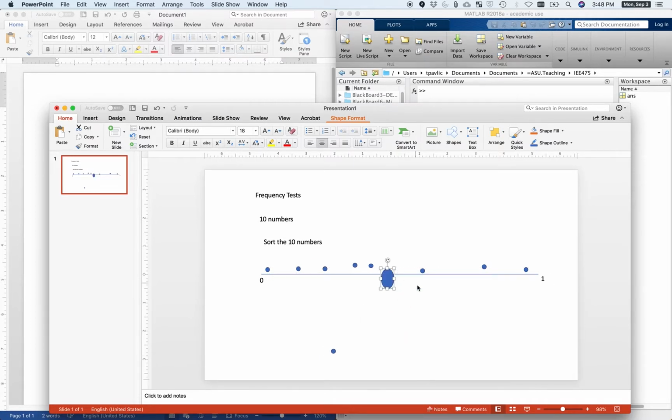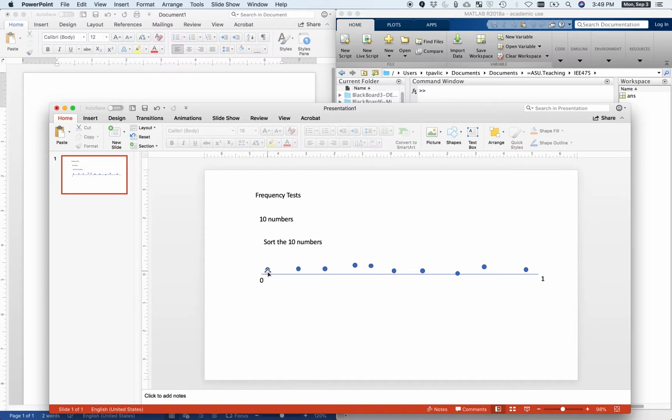And if I were to place them on a number line and forget about when I drew them, then they would look something like this. So it might have been that I drew this number first, and then this number, and then this number, and so on. But once I place them on a number line, I forget what order I drew them in, and I've effectively just sorted them by whatever value they are.